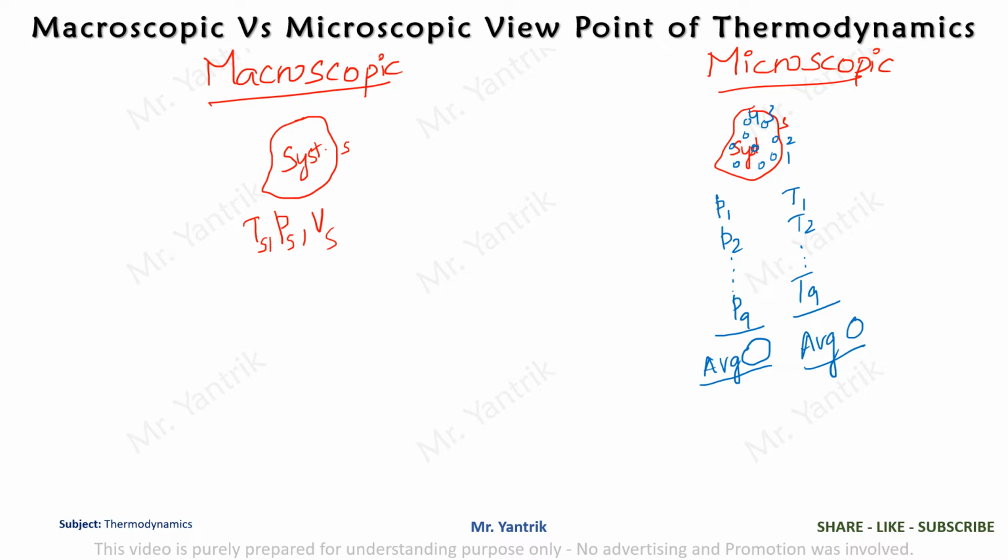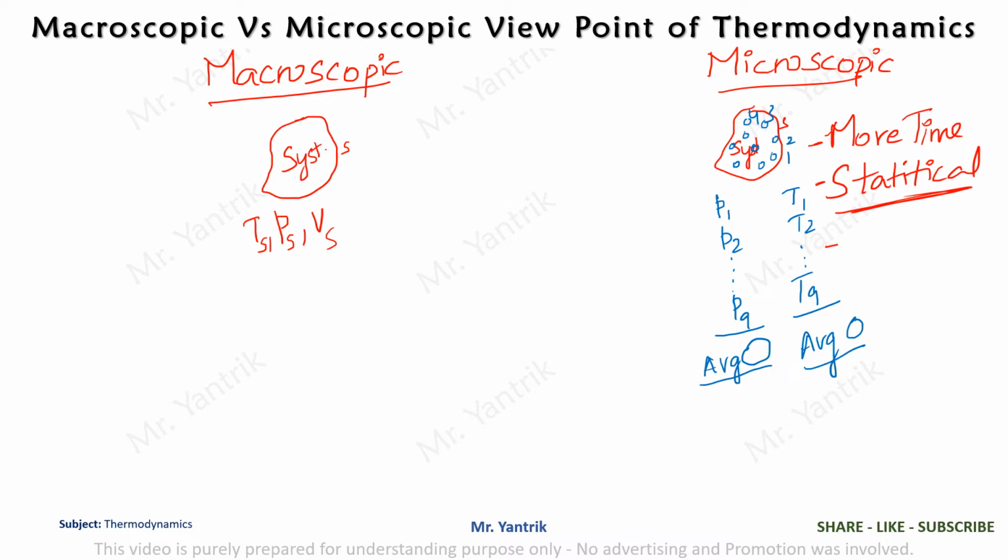So for this scenario, microscopic analysis needs more time, because more analysis is to be done and statistical averaging needs to be done in a microscopic view. More time is to be invested for the analysis.